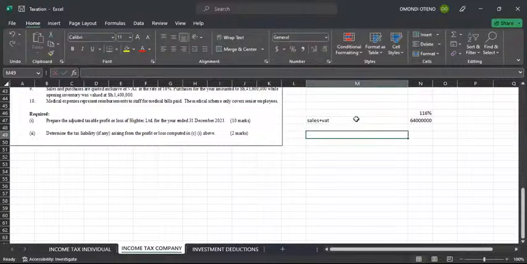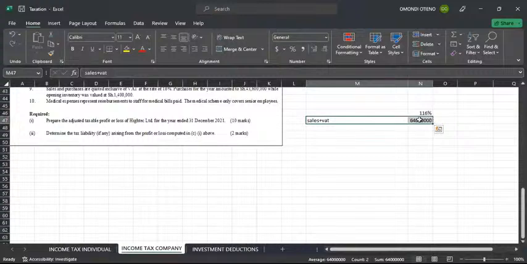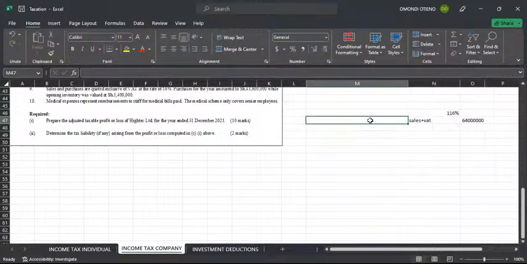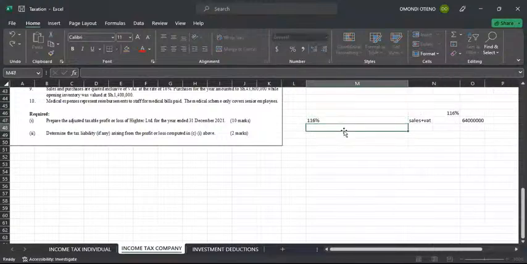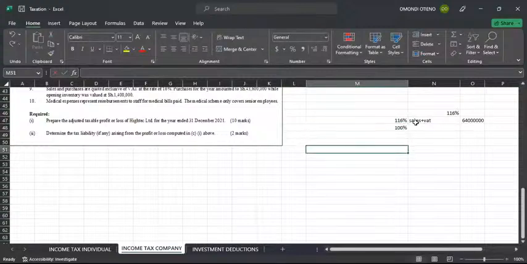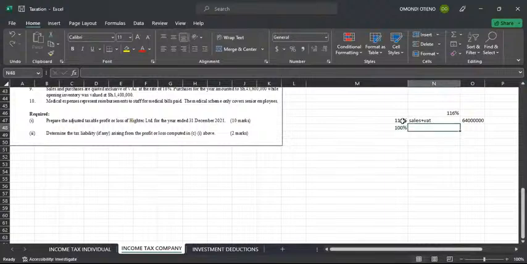which means the real sales here is going to be... So sales plus VAT is 116%. Real sales is going to be 100%. So we need to get real sales. That is what we recognize as revenue.